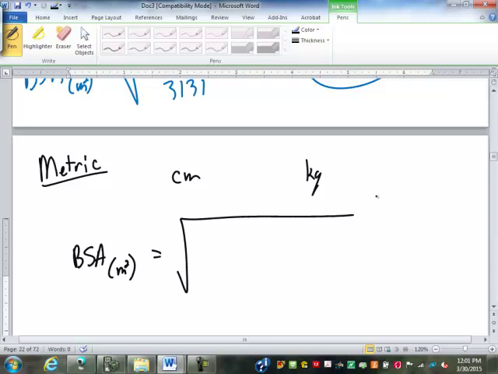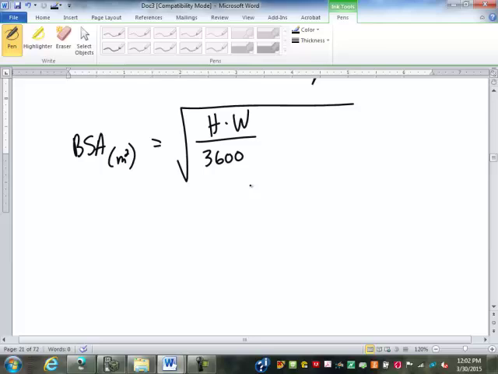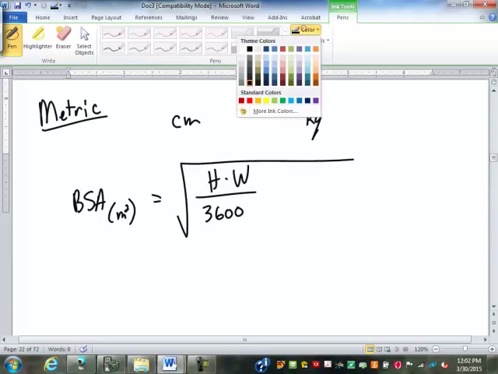I'll give you the formula first. It's height times weight again, but this time the constant changes. The constant we're going to divide by is 3,600. So the difference between the 3,600 and the 3,131 is just the conversion between inches and centimeters and pounds and kilograms. Really, it's remarkably close; the two of them cancel each other out.